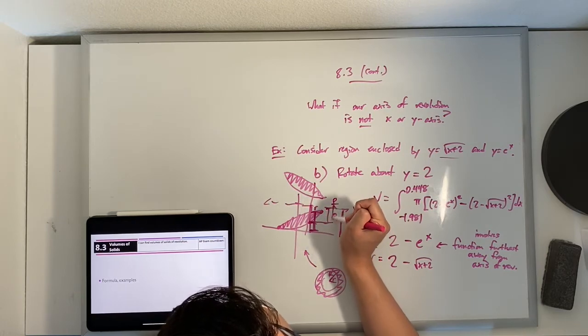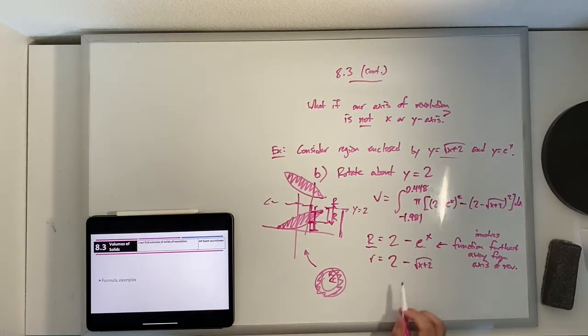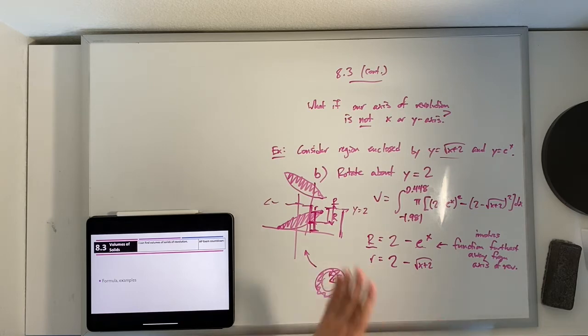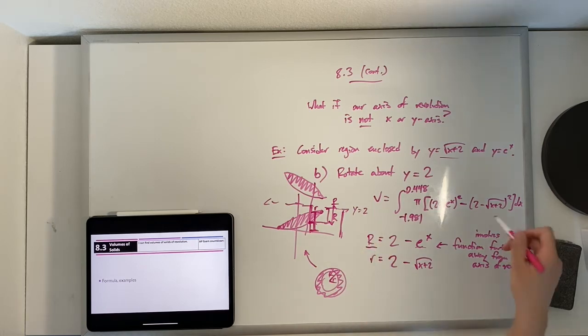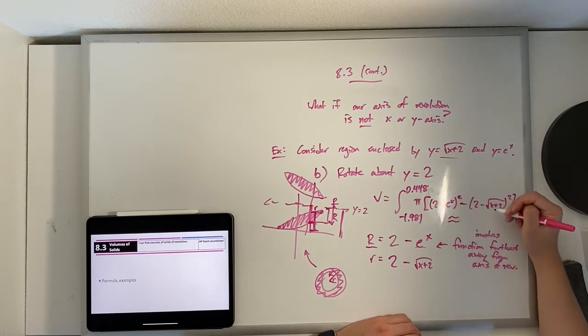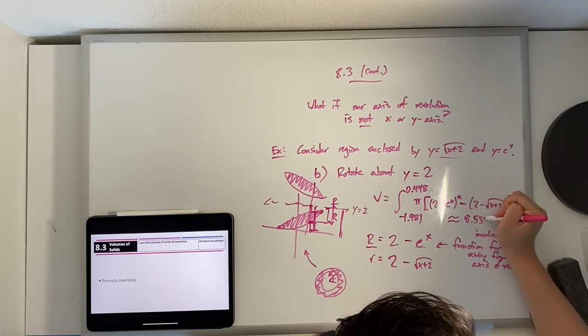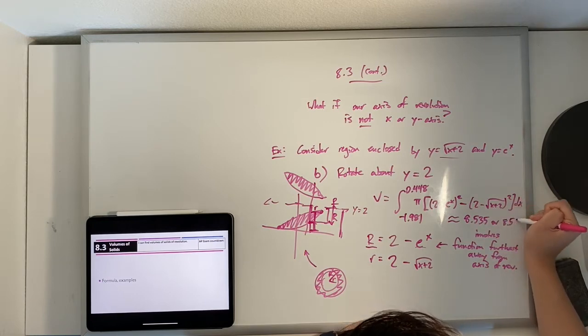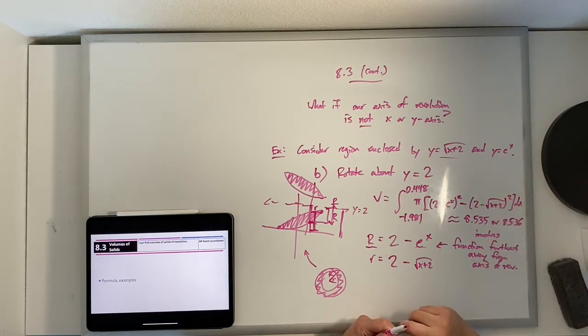Well, that's e to the x. And little r is always involving the function that's closest to the axis of revolution. And this general rule of thumb will work no matter which line we're rotating about. Just imagine you're on the axis of revolution. Big R is going to involve the function that's furthest away. Here's our integral. Evaluating that integral with a calculator, 8.535 or 8.536, rounding or truncating.